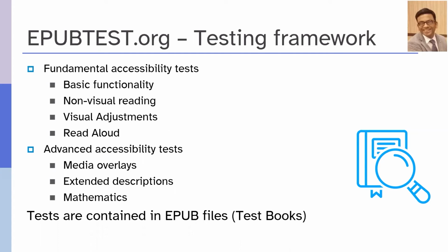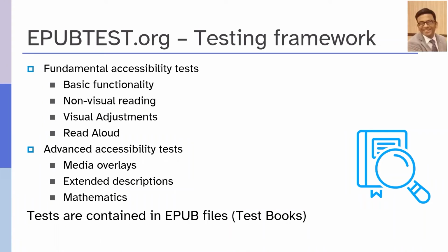And then there are some advanced accessibility tests. It is desirable that reading systems support these tests as well. So there are tests designed to check support for media overlays, tests for testing extended descriptions.